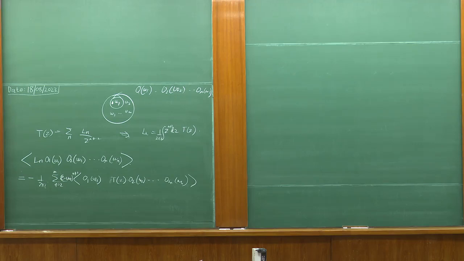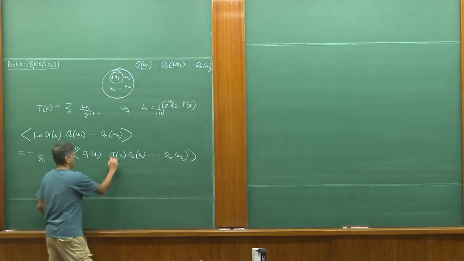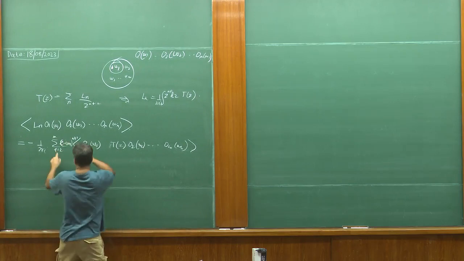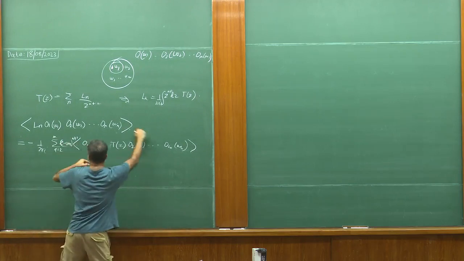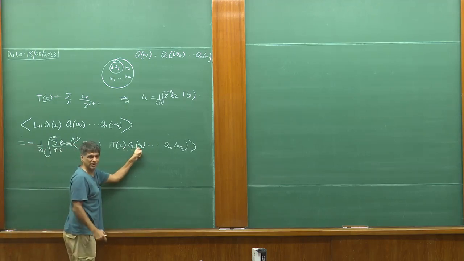Excellent question. Clear to everyone? Okay, other questions or comments as we proceed. Now, since this loop was circling around this guy, this was a contour that is circling around O2.